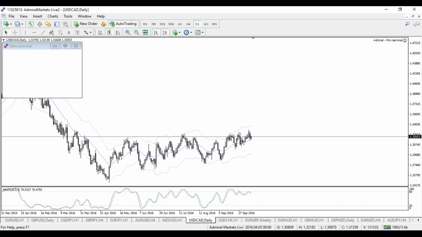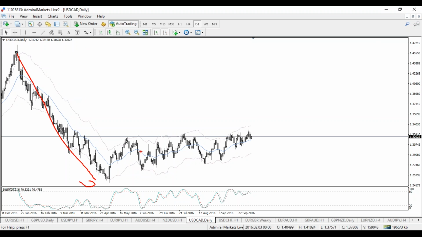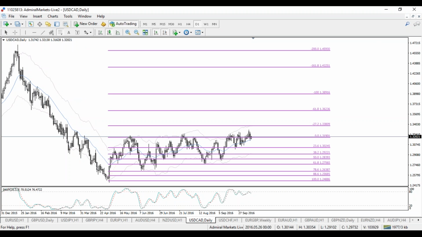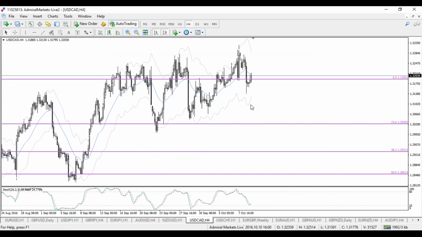Now ultimately the CAD here had a pretty strong fall, so dollar CAD might be limited in its upside because of that. But ultimately it will probably move up. It's just a bit choppy. Buying the dips is probably the best. Breakouts do not look good.